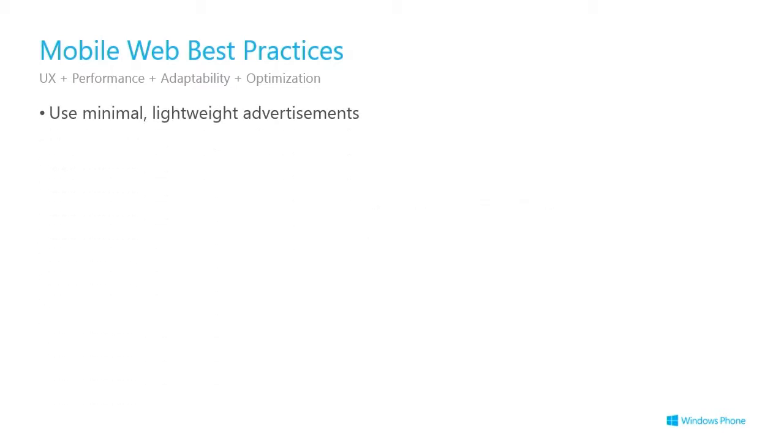What else do we have here? Advertisements. Obviously, people want to monetize the big web and they want to monetize the mobile web. Just use the lightest weight, 1K, whatever, 2K advertisements, and work with the advertisers to make sure they're optimized, because they're going to be delivering it to your mobile web page from a different location than where yours is coming from. And keep an eye on that industry.